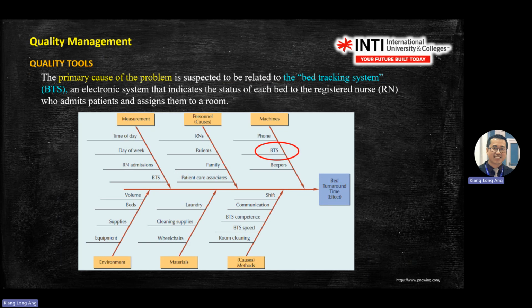Okay. So at the end they summarize that the issue is because of the bed tracking system, BTS. It indicates that the registered nurse, RN, who admits the patient assigns them to a room. So BTS is a system in the hospital.